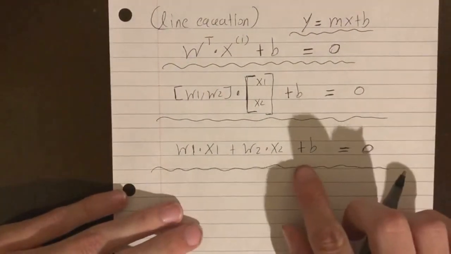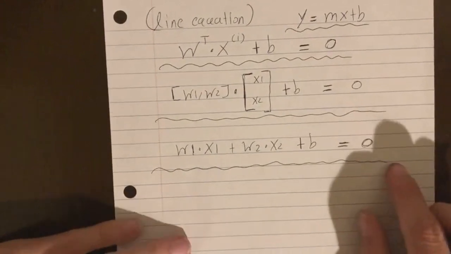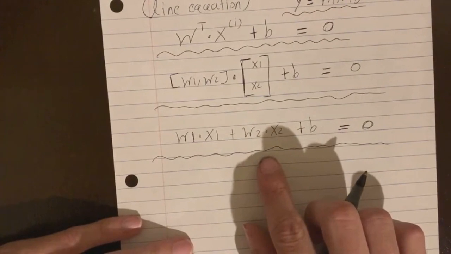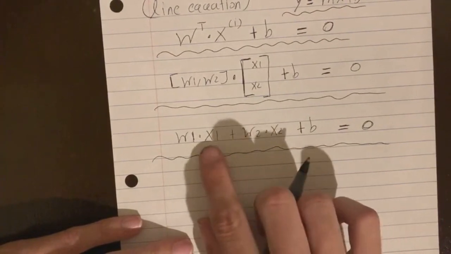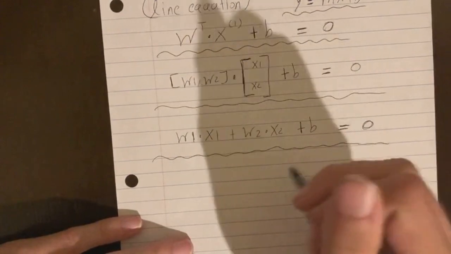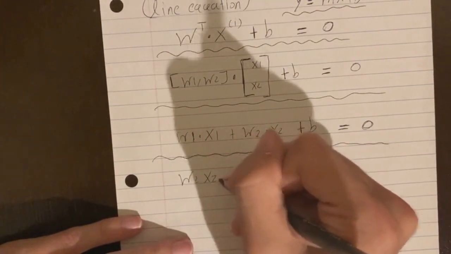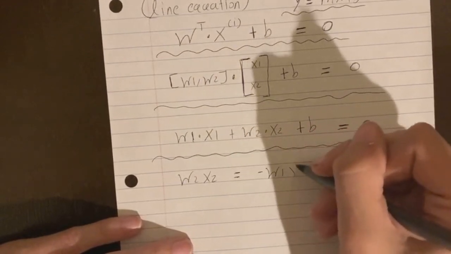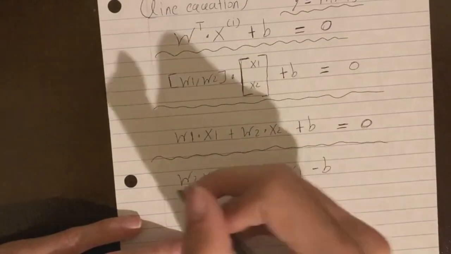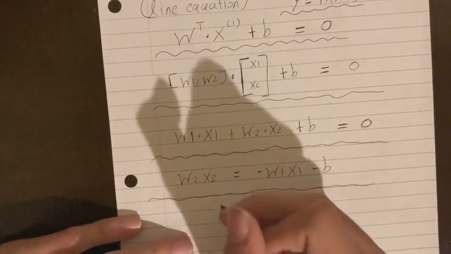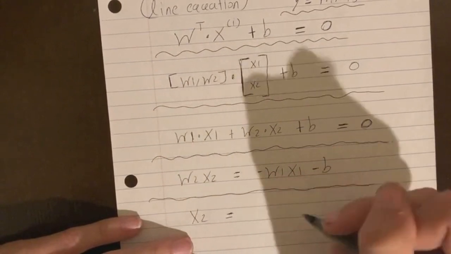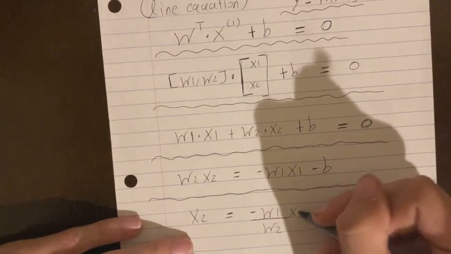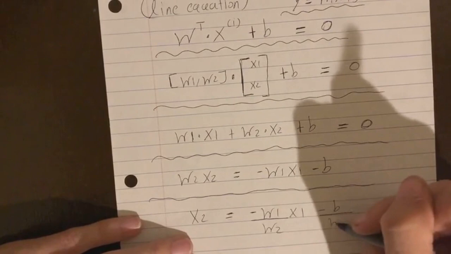And this equation does describe a line. You can actually rearrange this into a y equals mx plus b equation. What you have to do is subtract W1 X1 on both sides, and you end up getting W2 X2 equals negative W1 X1 minus b. Then you divide by W2 on both sides, and you get X2 equals negative W1 divided by W2 times X1 minus b over W2.